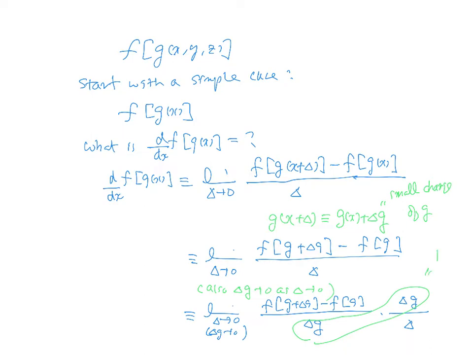So you haven't changed anything. So if we divide the first expression by delta g, and then multiply by delta g, this is equal to 1, so you haven't changed anything. So this becomes df/dg times dg/dx.